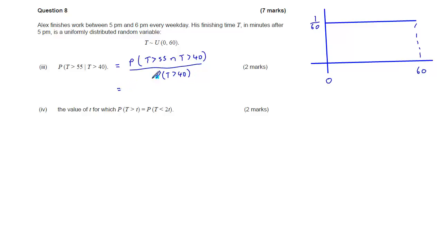Of course the top, greater than 55 and greater than 40, is just greater than 55, over the probability that t is greater than 40. So for 55, that's going to be 5 over 60, and for 40, that's going to be 20 over 60, and that's going to be 5 over 20, which of course is 1/4.